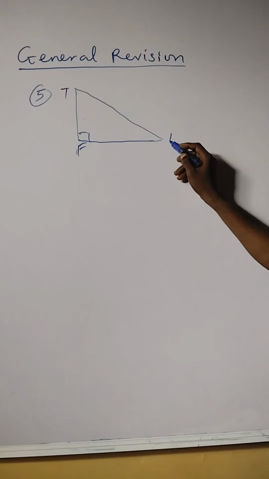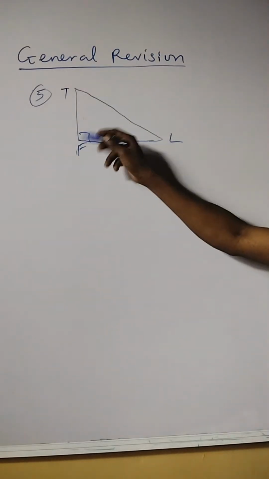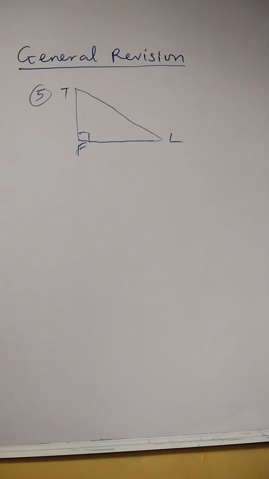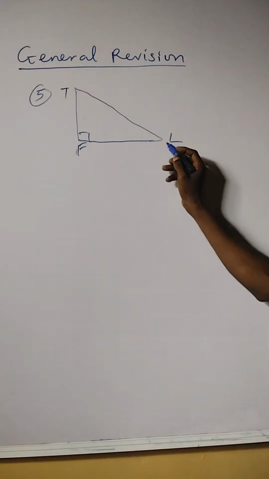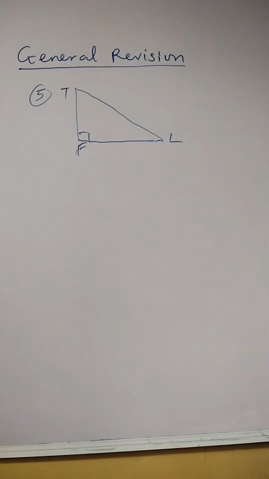We have L. In the diagram, the height of a flagpole, TF. This is the height of the flagpole, TF. And the length of its shadow, FL. So this is the shadow here. The length of the shadow, FL.